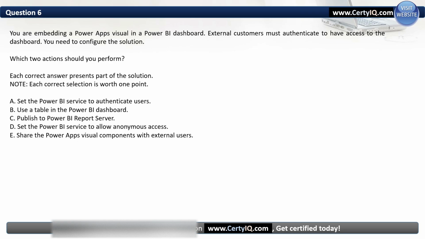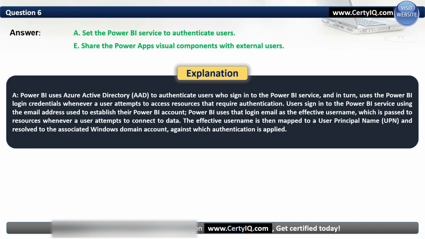The correct options are A and E, that is, set the Power BI service to authenticate users and share the Power Apps visual components with external users. Power BI uses Azure AD to authenticate users who sign in to the Power BI service, and in turn uses the Power BI login credentials whenever a user attempts to access resources that require authentication.